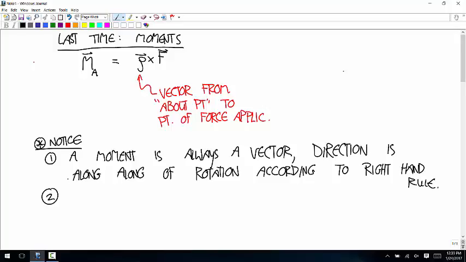Second, because of number one, if you're doing a problem in 2 dimensions, if you're working in the XY plane, moments only have a non-zero Z component.